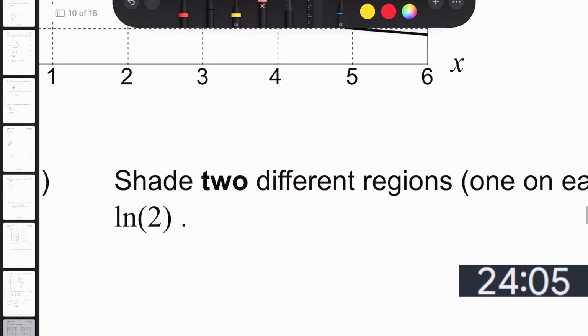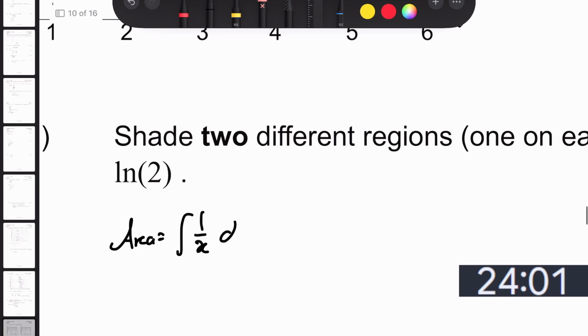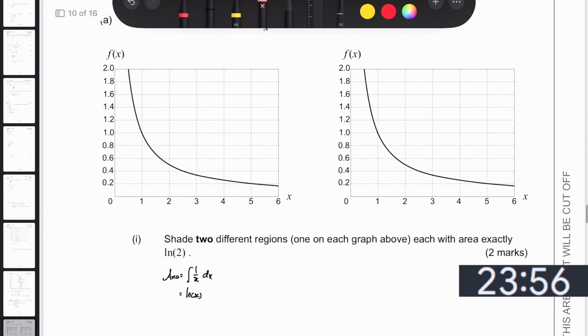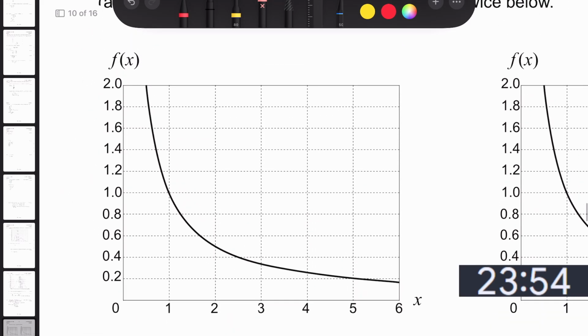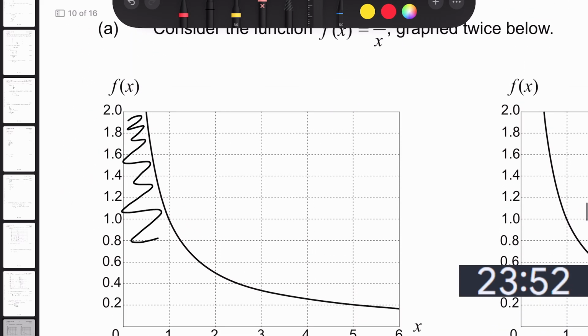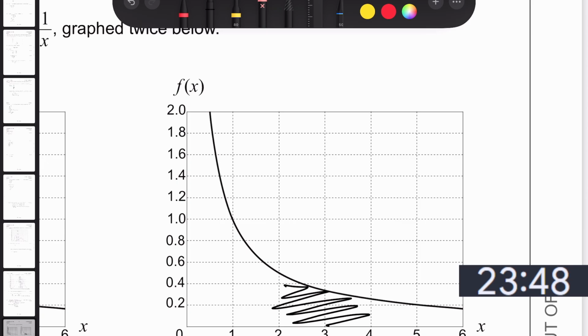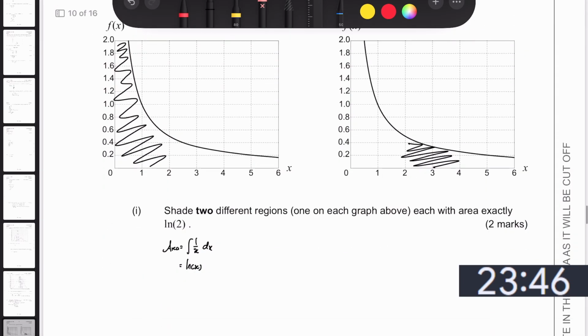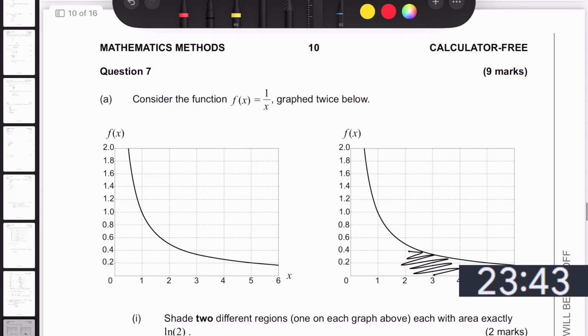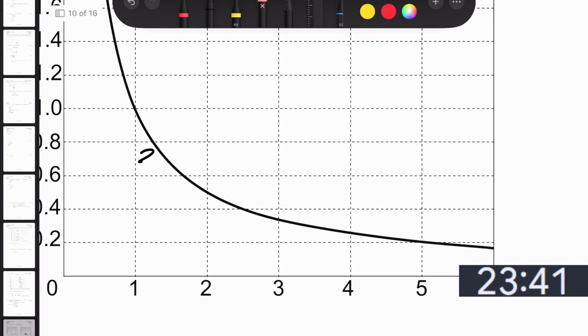If I want the area, it's going to be the integral of 1 over x dx, so it's going to be ln of x. So I can either go from 1 to 2, or I can go from 2 to 4.